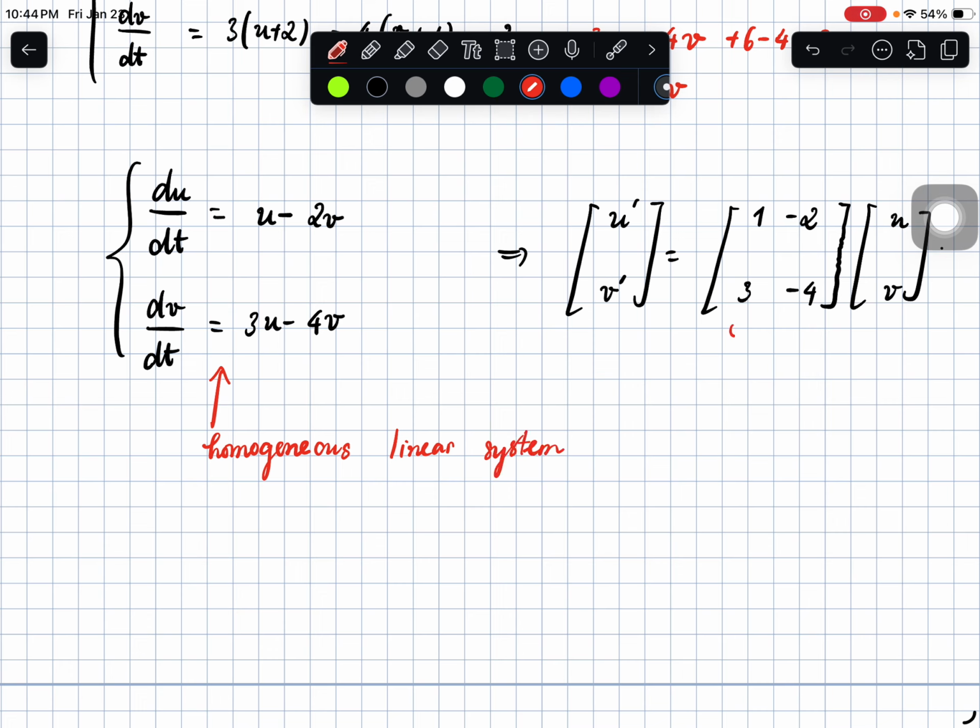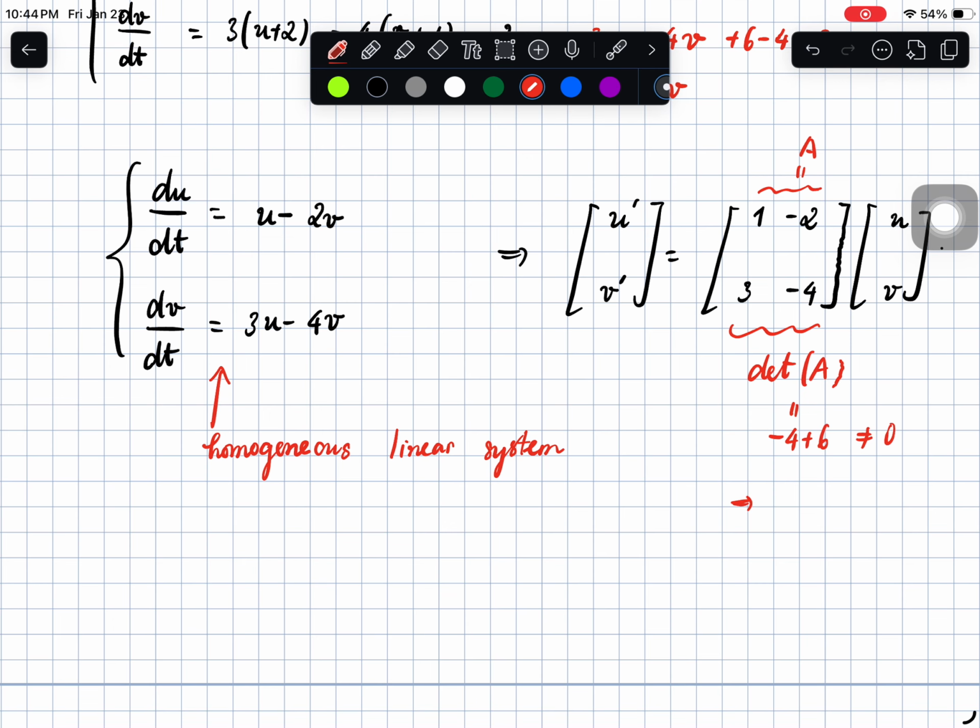The matrix here, in our case, we call this A. The determinant of A is minus 4 plus 6, so non-zero.